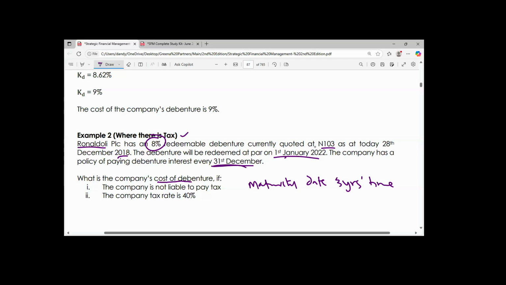So if the debenture interest has not been paid, you cannot use this 103. It means that 103 is the cum-int price. So you need to deduct interest from the 103. The balance you have will then give you the ex-int price.